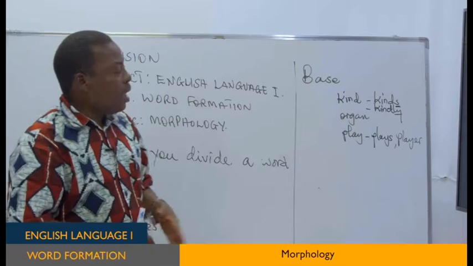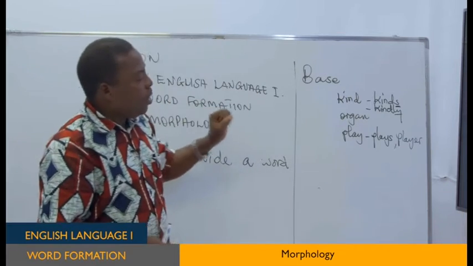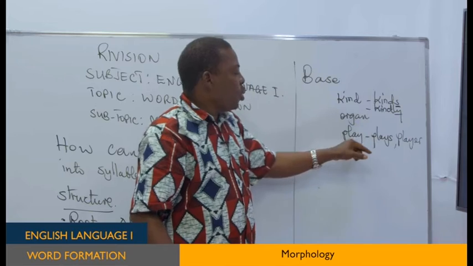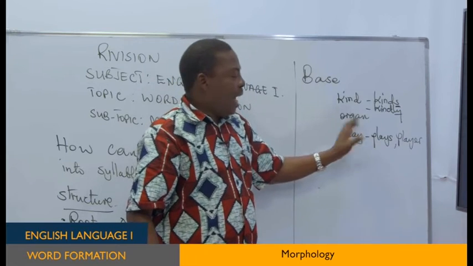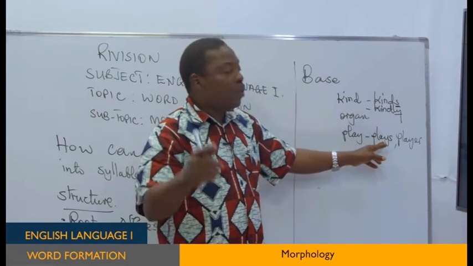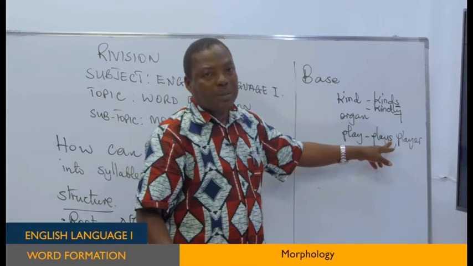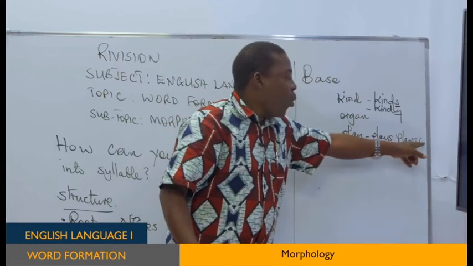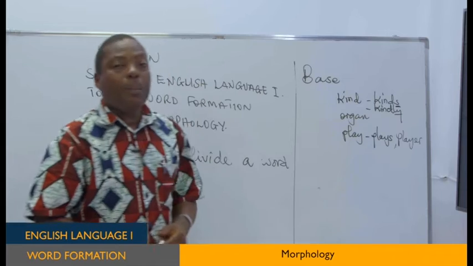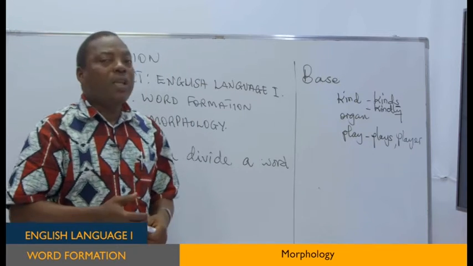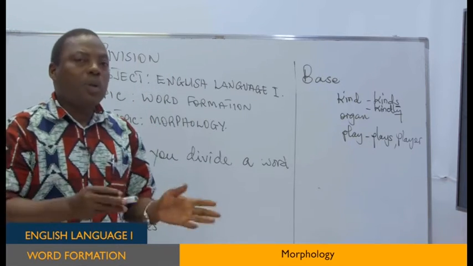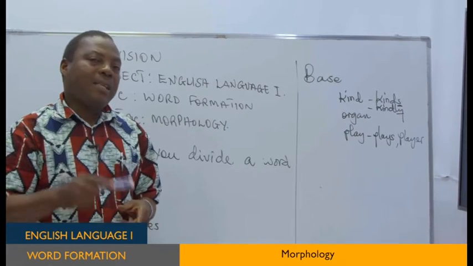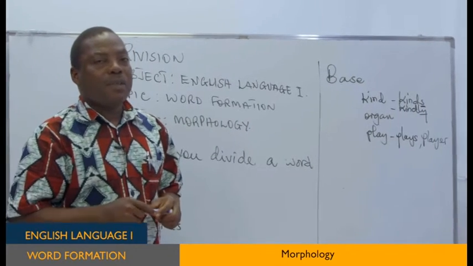So as per these examples, the element S, when attached to the word play, hasn't changed the word class, and therefore we refer to this as an inflectional attachment. Differently, the ER, once attached to the word play, changes the word from being a verb to a noun. And so the ER acts as a derivational affix.